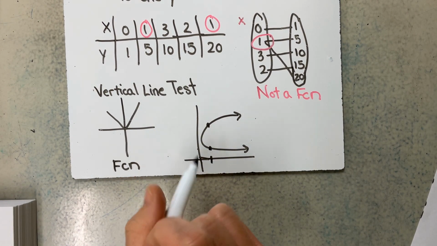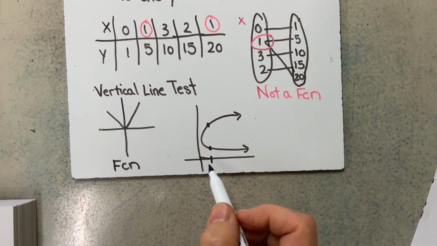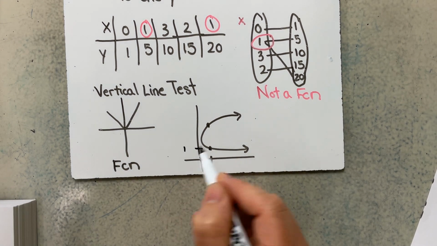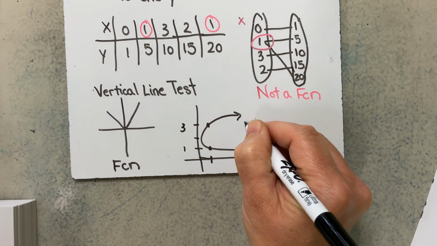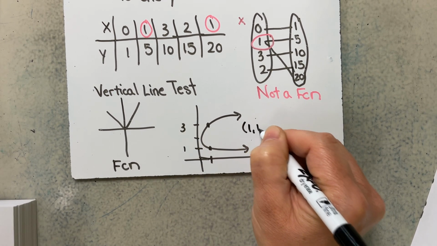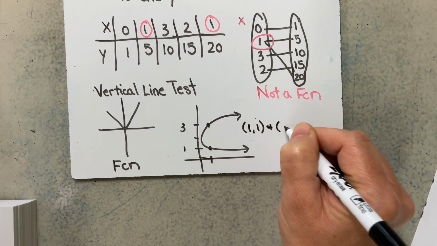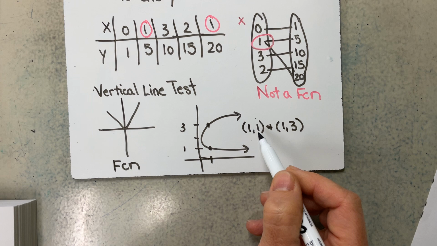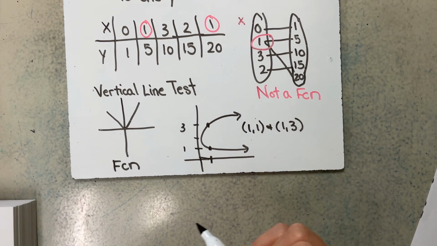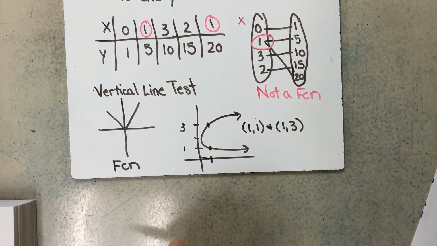That is not allowed. So that x, let's say it's 1, had 1 and we'll call that 3. Okay, so it had the ordered pair 1, 1 and 1, 3. But this x went to 2 different y's, and that is not allowed.